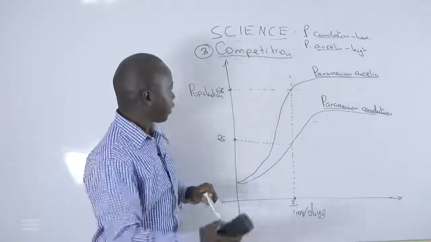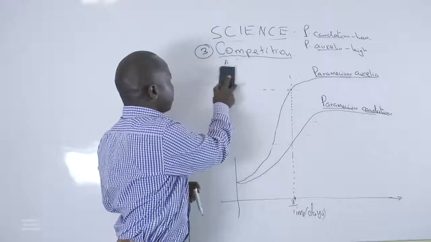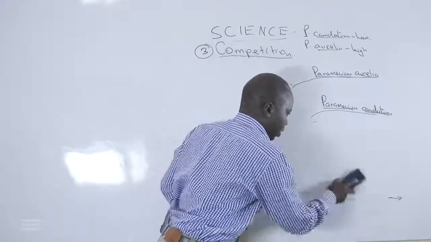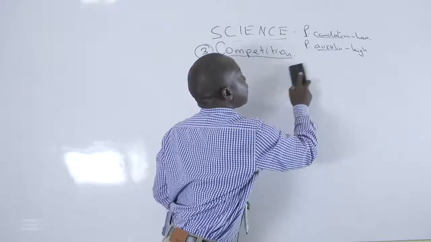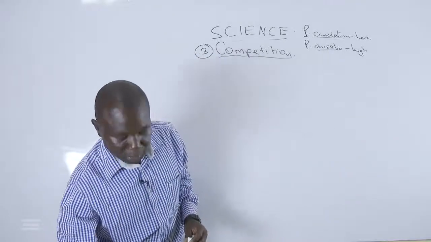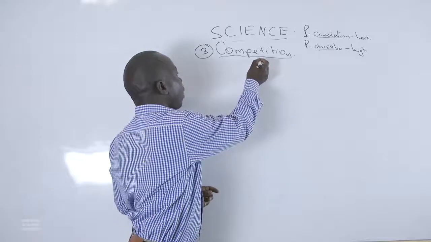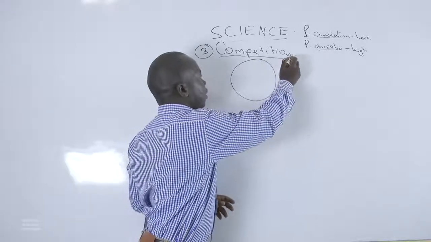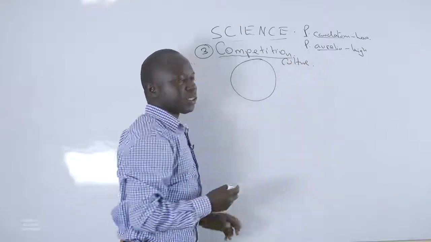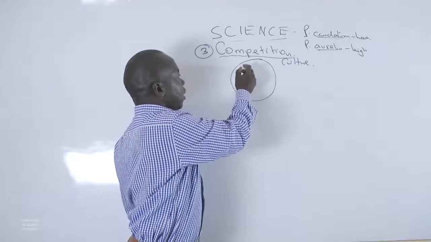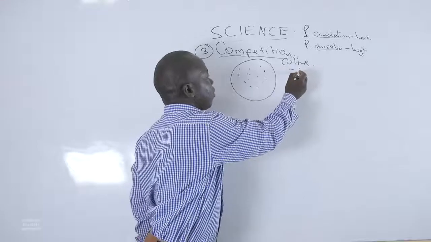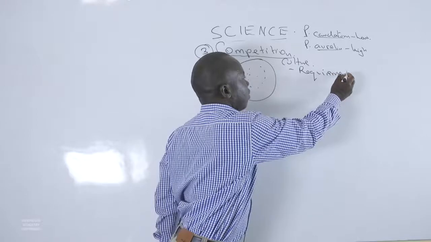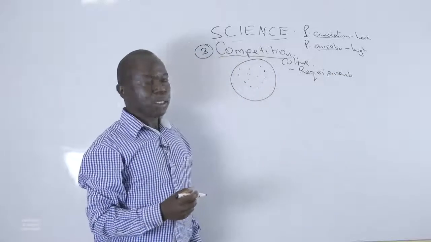Now, a second experiment of the same kind was this. The two species were grown in the same culture, plated on this culture, the two of them here, and all the requirements for growth were provided.